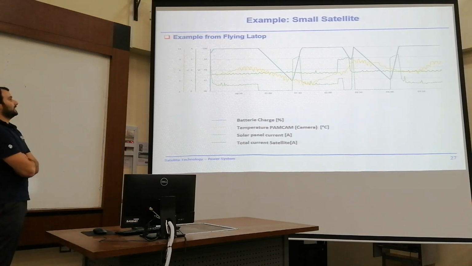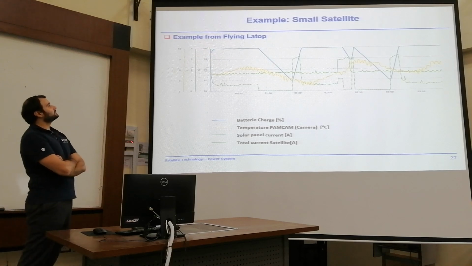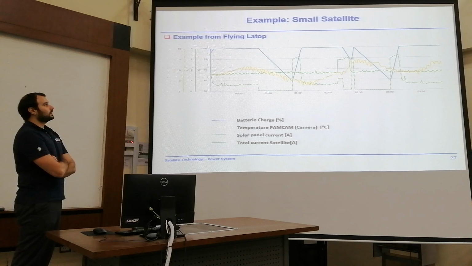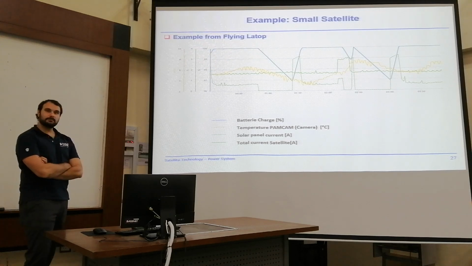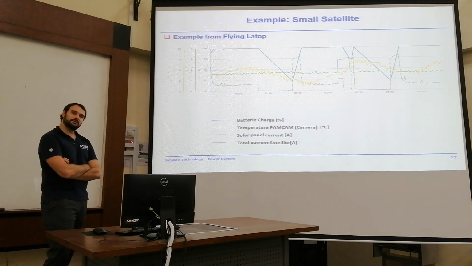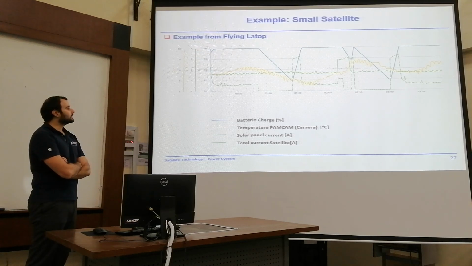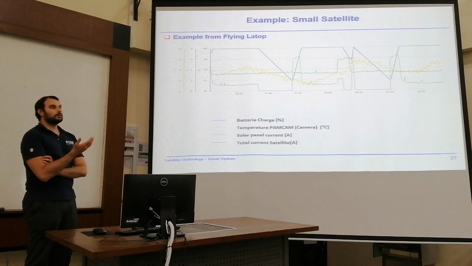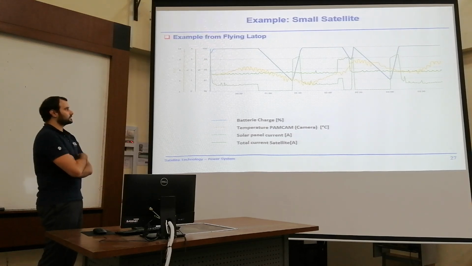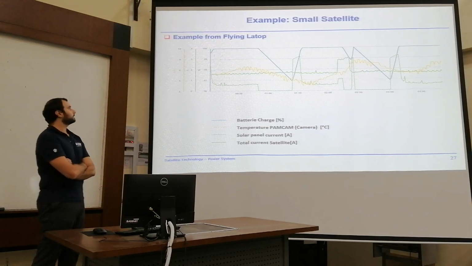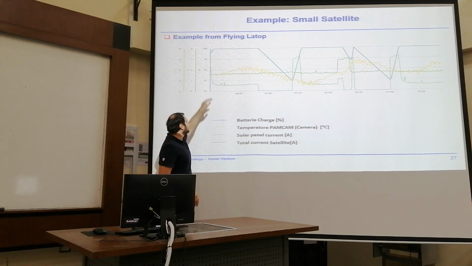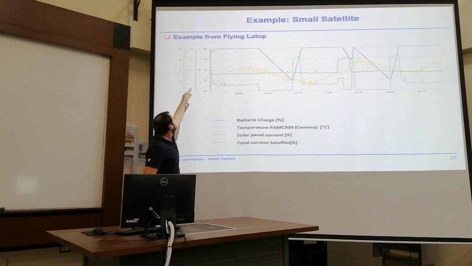And again, I want to conclude with the last image from the flight laptop satellite. Maybe you can sit down back home and think about this for a moment and really let it sink in, to understand the principle of the power subsystem on board of the satellite. We see with the blue color the battery charge in percent.